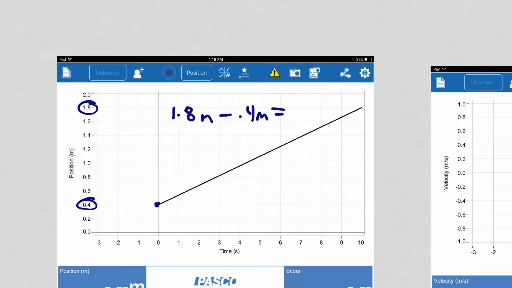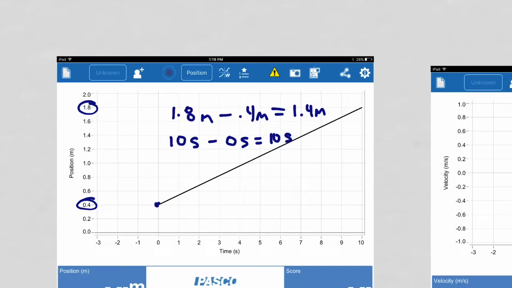So our delta y is equal to 1.4 meters. Okay, that's our delta y, and then our delta x, again, we end at 10 seconds, and then we start at 0 seconds, so our delta x is going to be equal to 10 seconds.